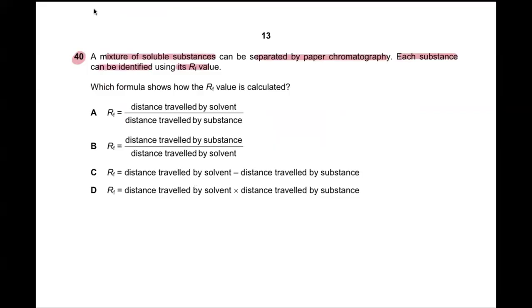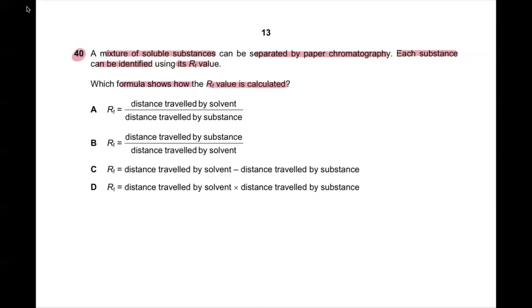Just give me a minute. Which formula shows how the Rf value is calculated?